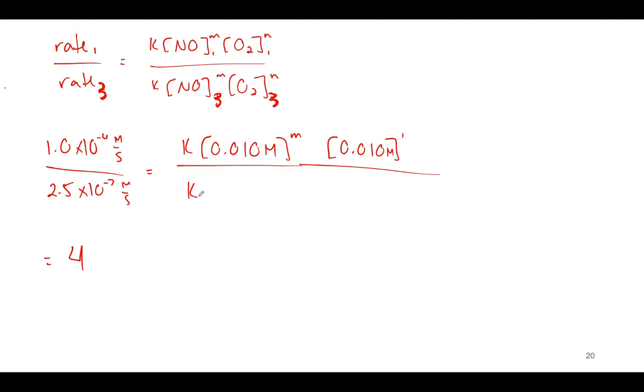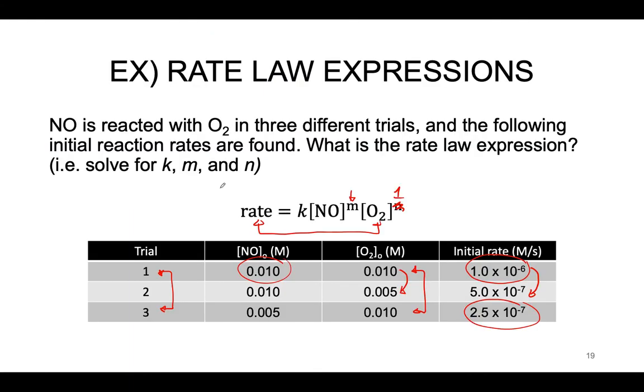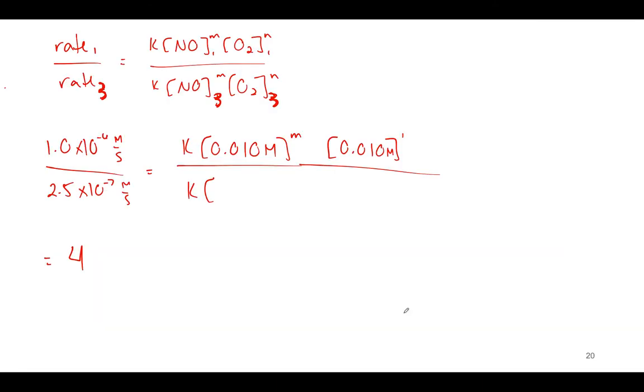We're going to be dividing all of this by K, and then of course the concentrations of our species in trial 3. The concentration in trial 3 for our nitrogen monoxide is 0.005 molar, and we can see the concentration of our oxygen again is held constant. 0.005 molar raised to the M times 0.010 molar raised to the 1.